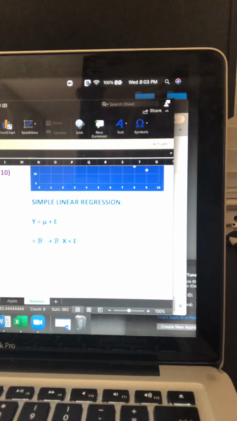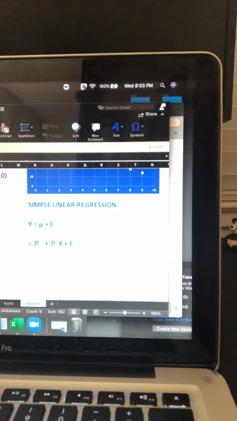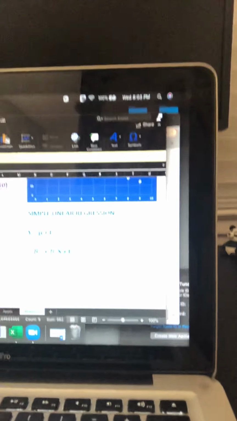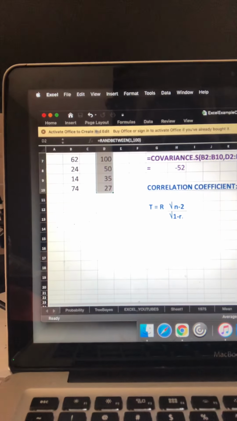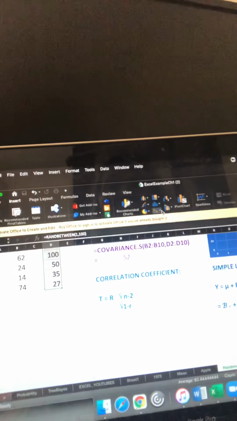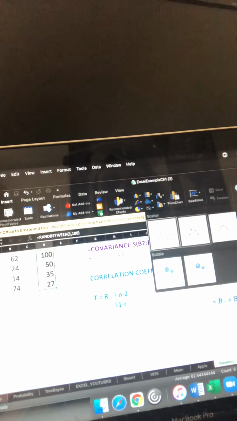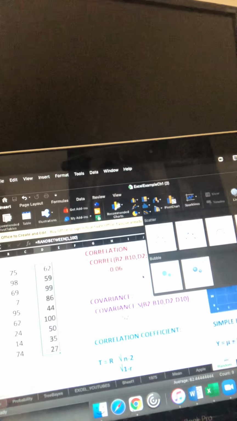Now we can just insert a scatter plot graph from the data we looked at previously by selecting the data. All you have to do is go to insert, select a scatter plot graph right here, and come up with the data.